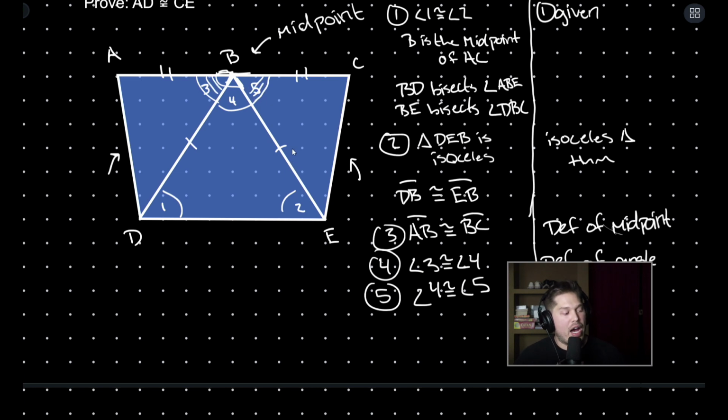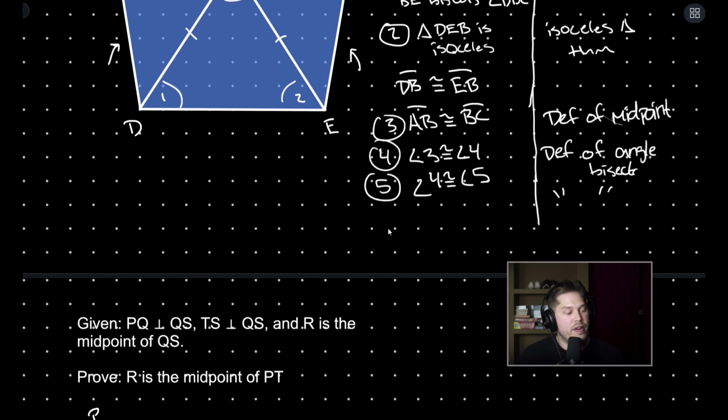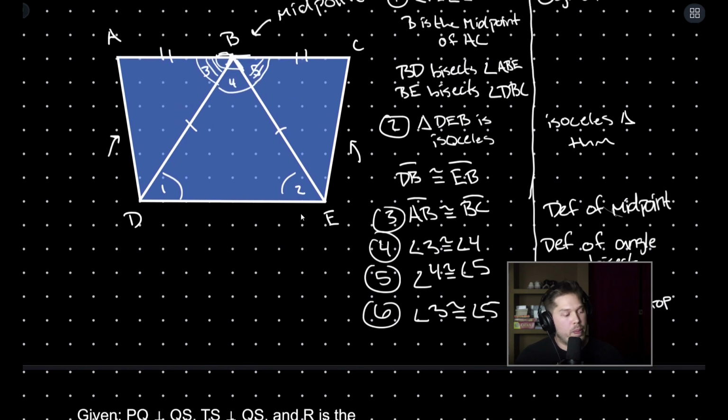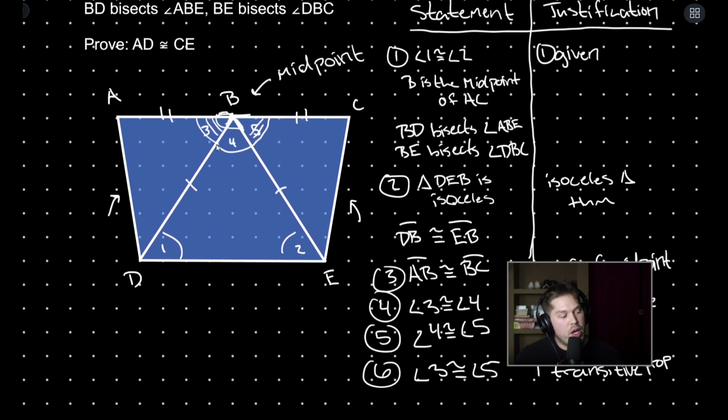Now we haven't outright said yet that 3 is congruent to 5, but of course we can. So we know that angle 3 is congruent to angle 5 by the transitive property. And then what can we say? Well, hey, check this out. Now we have an angle matchup, and we have a side length here and a side length here.